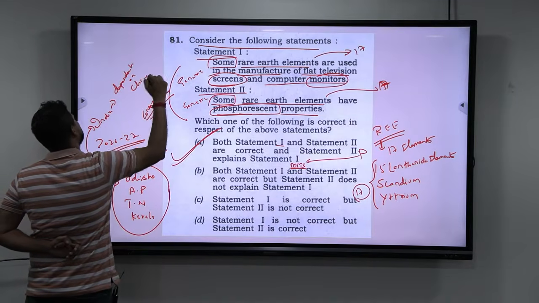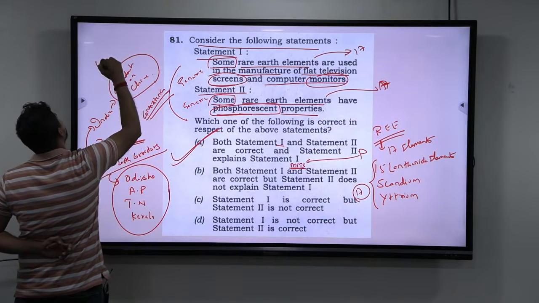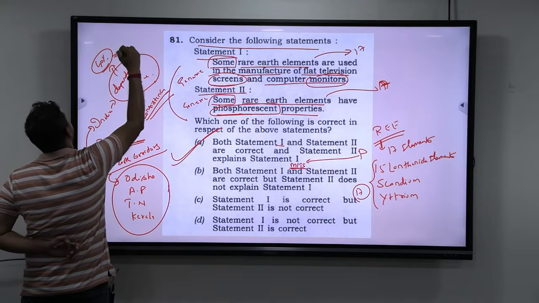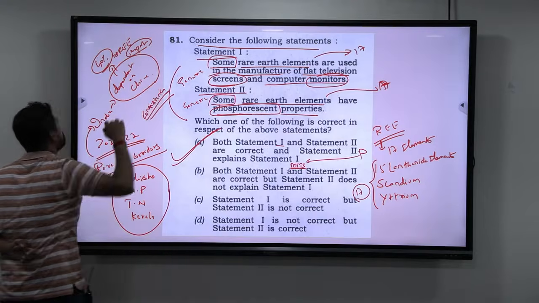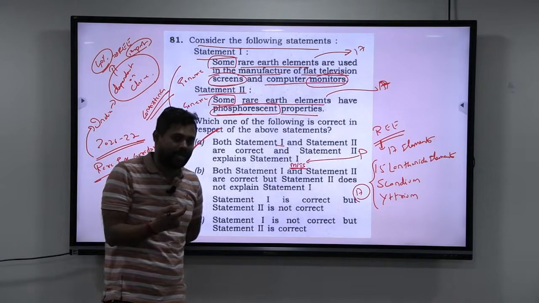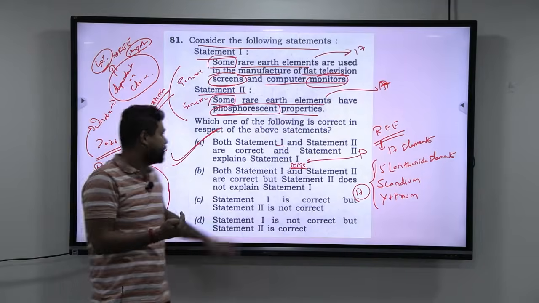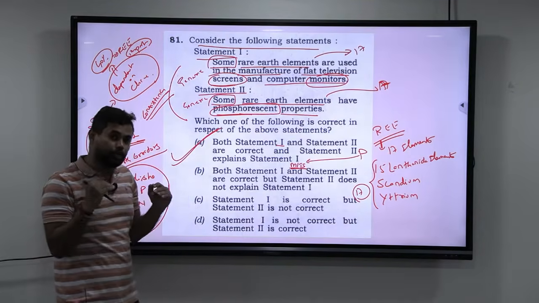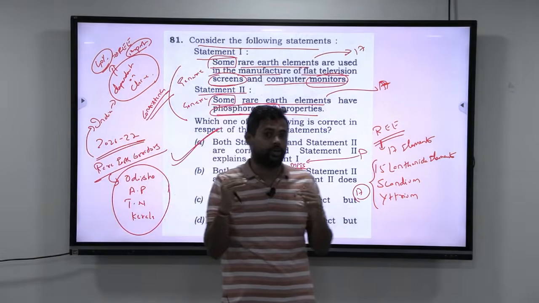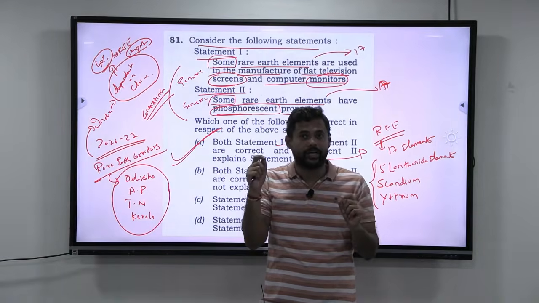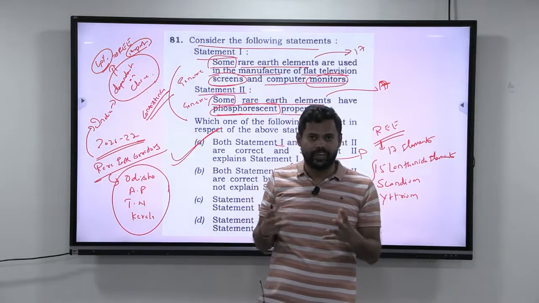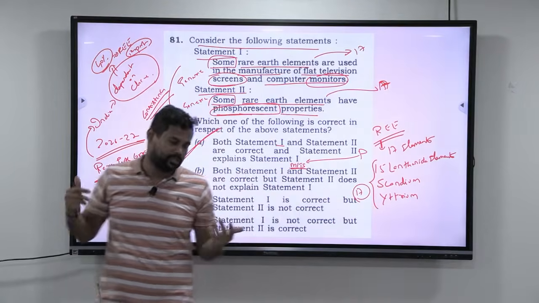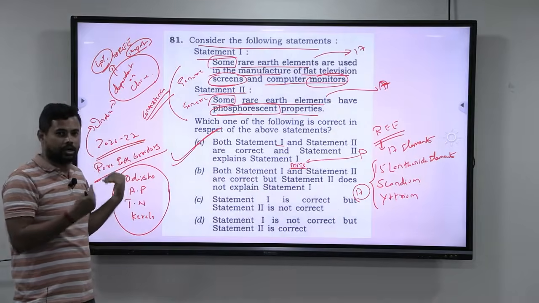We import almost 40% of our rare earth elements from China. So if there is any geopolitical conflict with China, and if China stops giving us rare earth elements, then it shoots up our cost of manufacturing electronic items. That itself will hurt our Atmanirbhar Bharat or Make in India project or the dream that we have. So we have to develop that independence. That's why the government has announced the rare earth corridors.